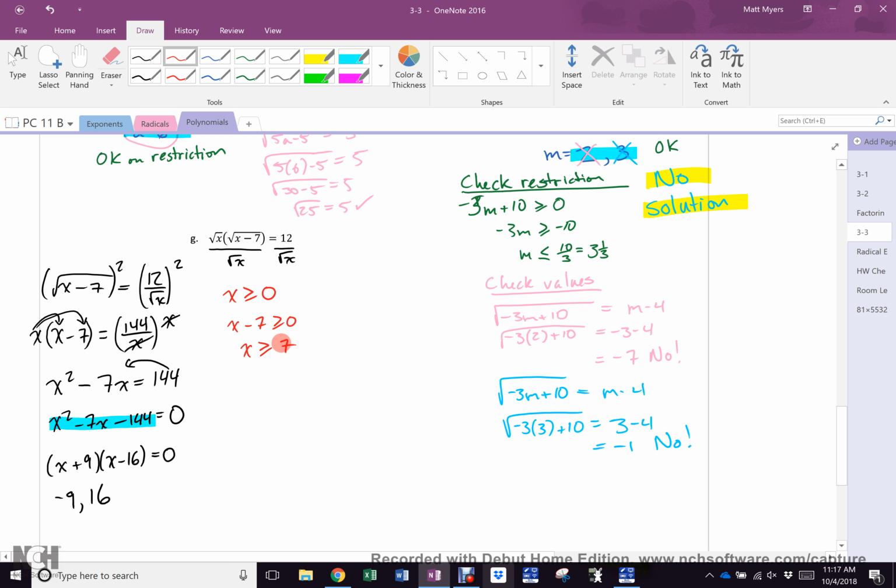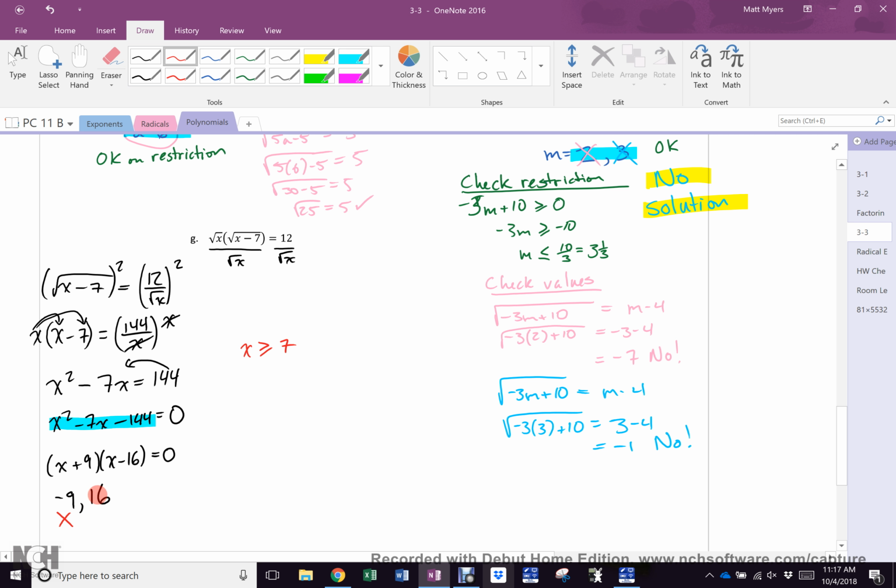Which of these two restrictions wins? 7, because 0, 1, 2, 3, 4, 5, 6 don't work, do they? So this is the only restriction that matters, yes? Negative 9 is out the window because it's less than 7.